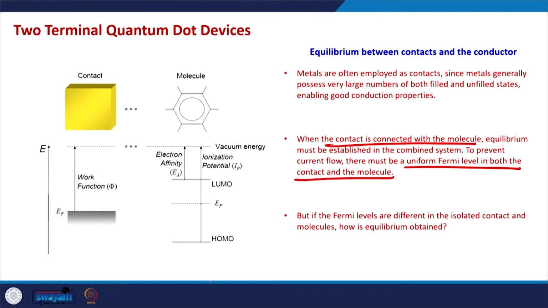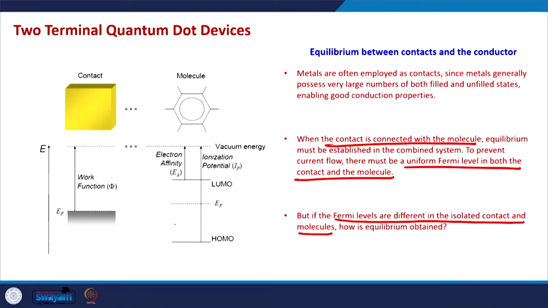The interesting thing happens when the Fermi levels are different in isolated contact and quantum dots. Now, we need to understand how this equilibrium is obtained, how the electrons will rearrange themselves in such a way that there is a uniform Fermi level across the metal, across the contact and quantum dot.